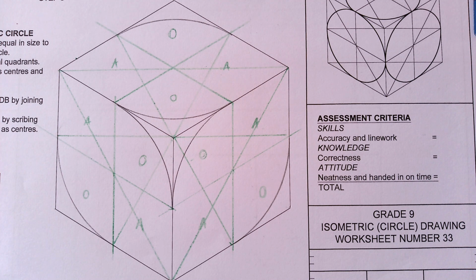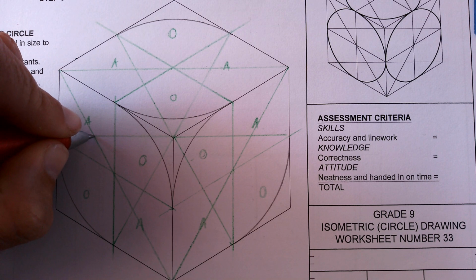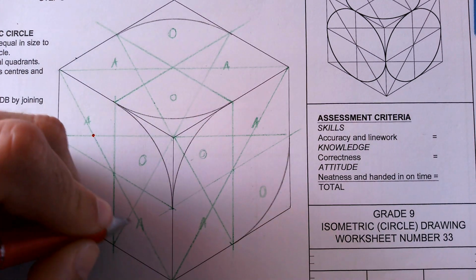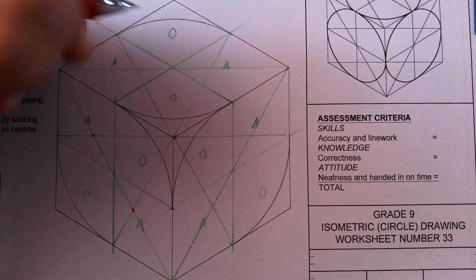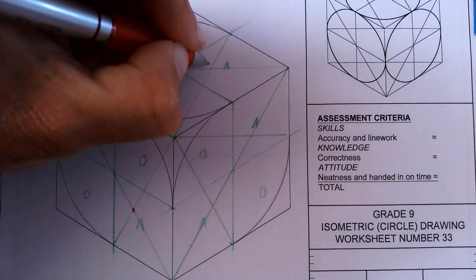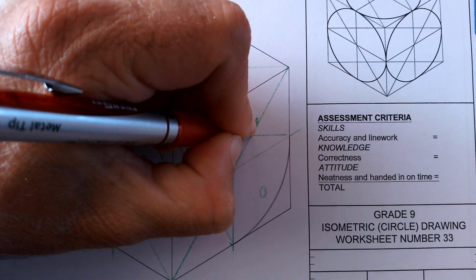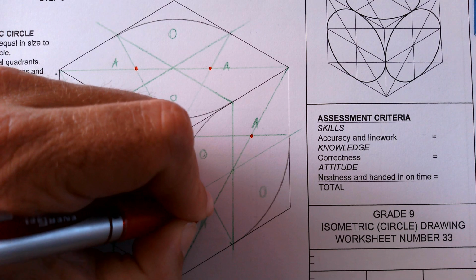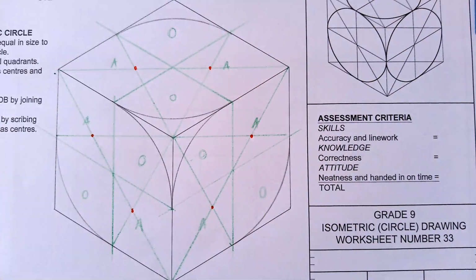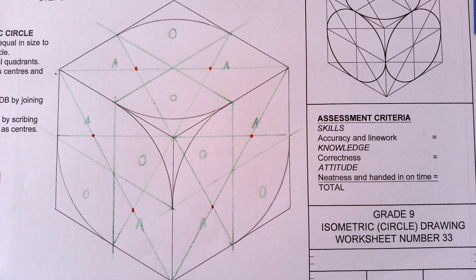Okay, now, gentlemen, where you see these intersecting points, I'm going to use a red pen to show you the points that we're going to use. Where you see an intersecting point there, those points are going to be the points we use to construct the acute arc, to finish off.